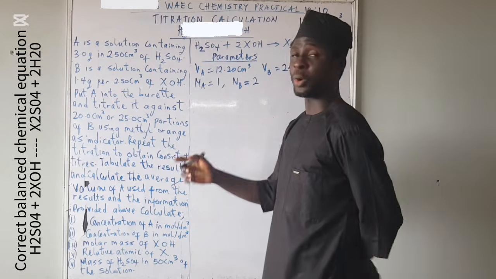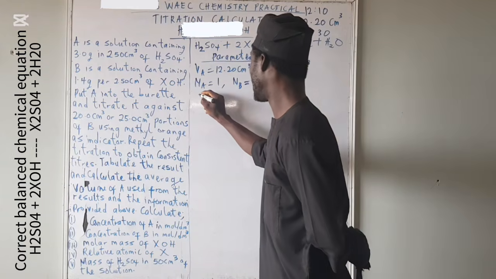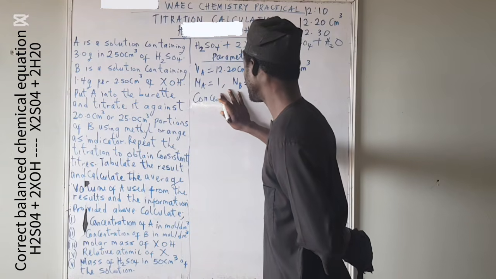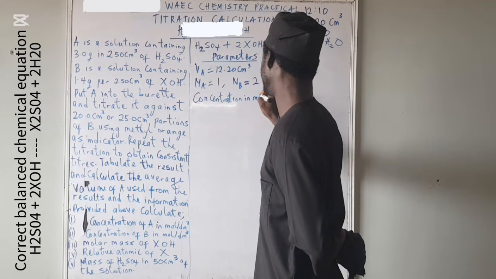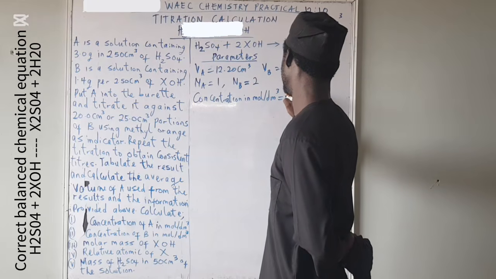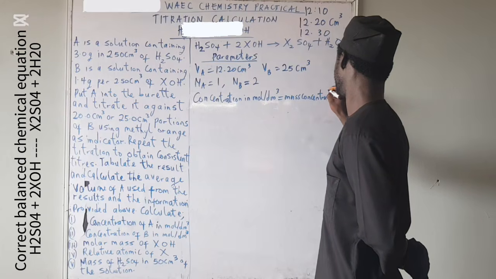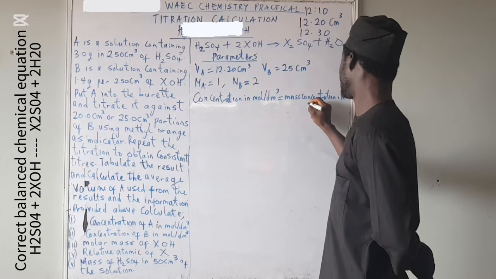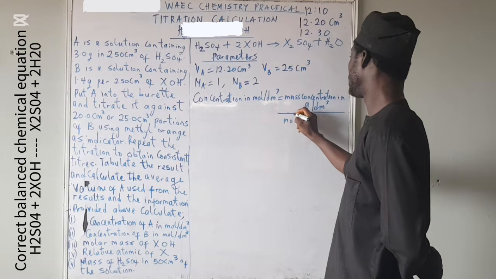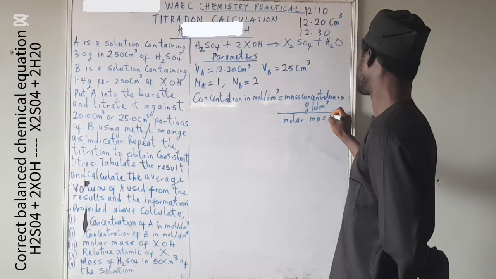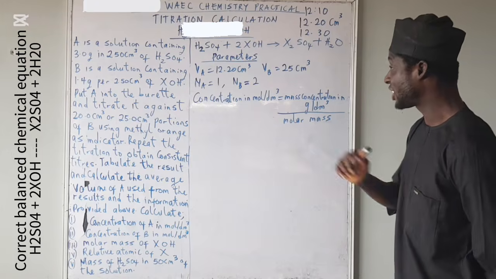The first formula that connects molar concentration and mass concentration together, which I want to write, is: concentration in mole per dm cube is equal to mass concentration in gram per dm cube over molar mass. This is the one formula that we use in our titration experiments.